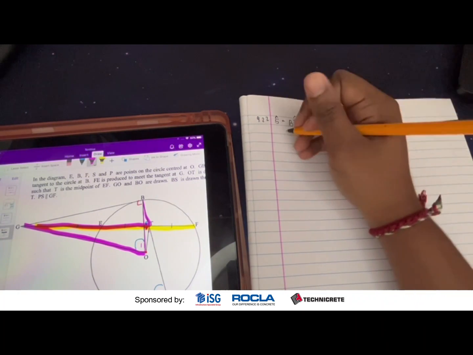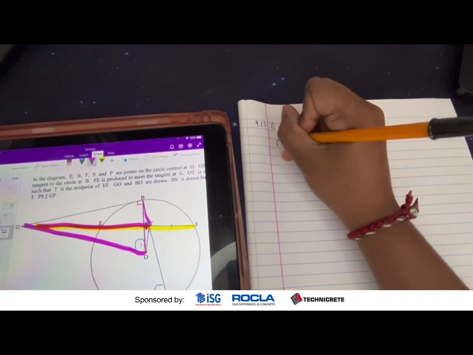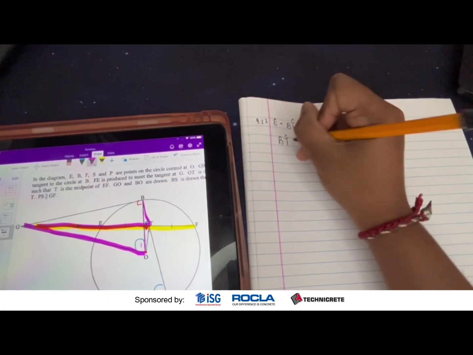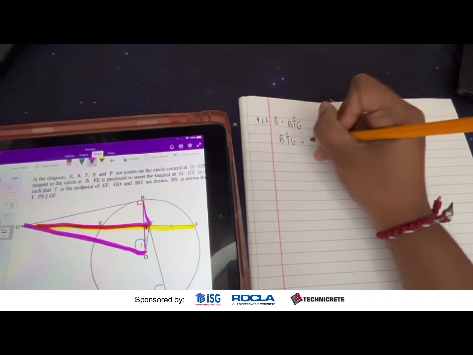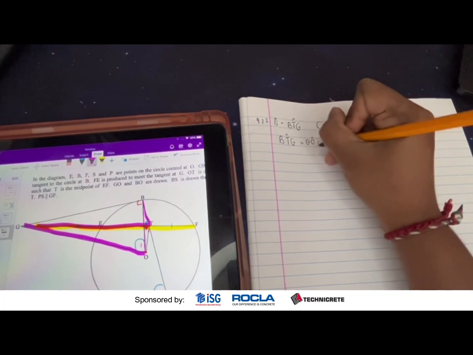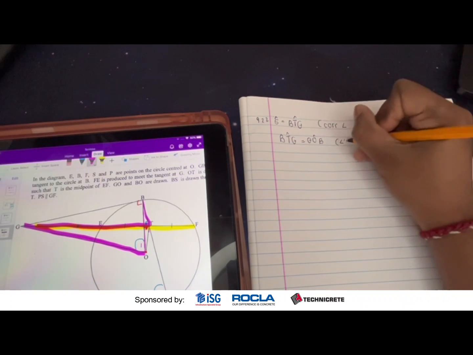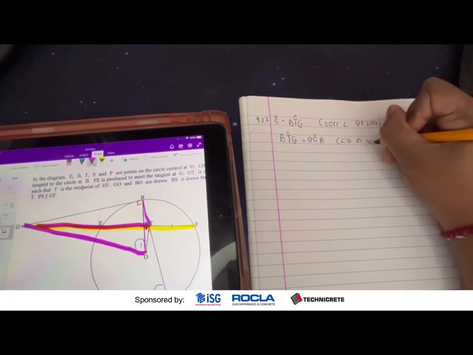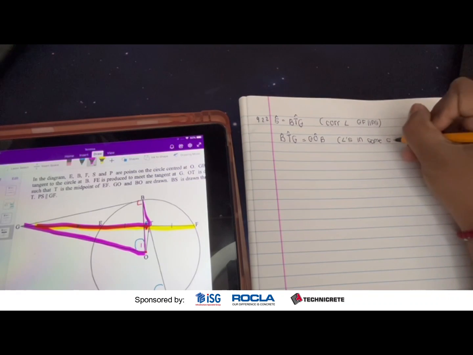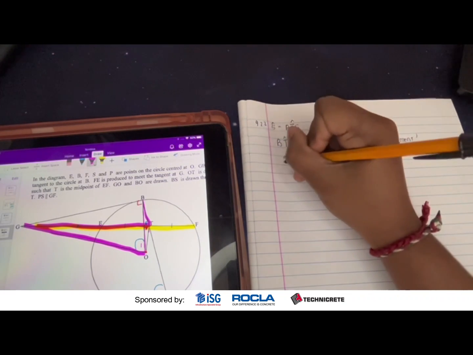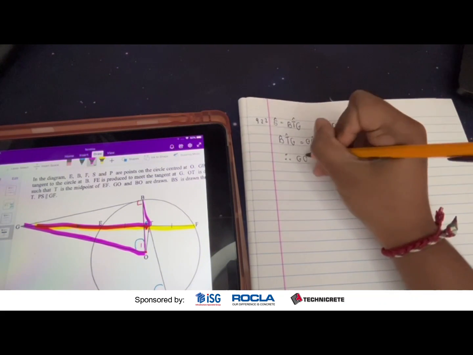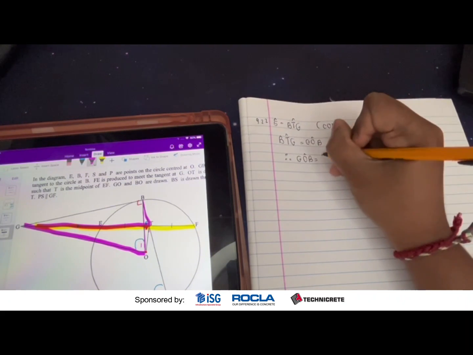Okay, I hope you are able to see those segments. So therefore we can say BTG is equal to GOB, and our reason is angles in the same segment. Therefore we can conclude that GOB is equal to angle S.